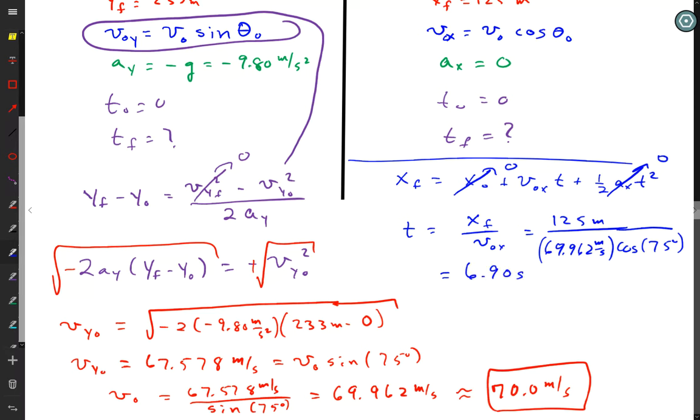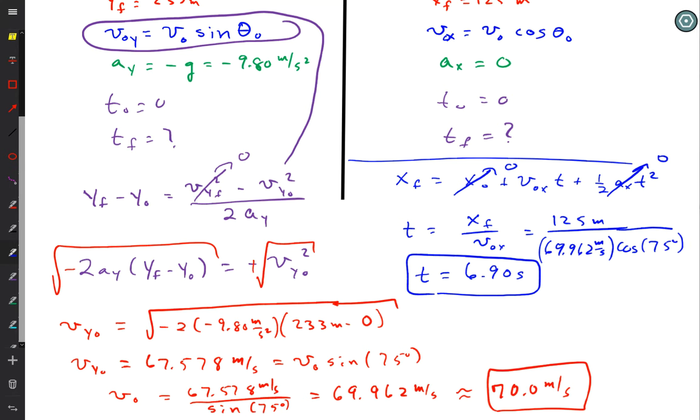And since there are only 3 significant digits, I won't worry about asking you for more and then rounding to 3. So my time is 6.90 seconds.